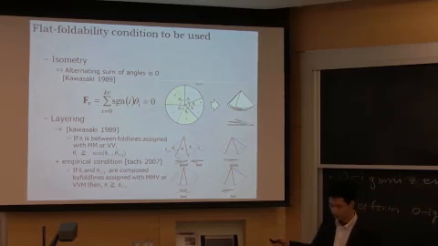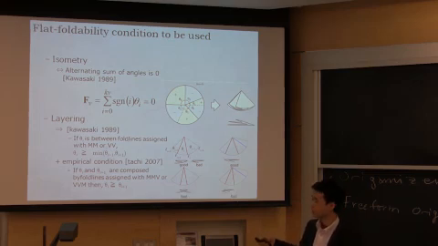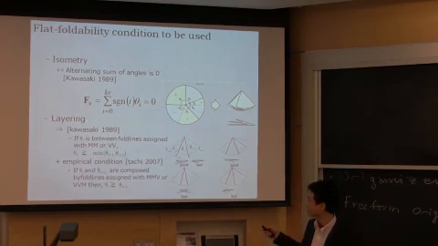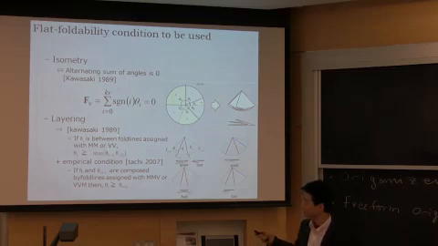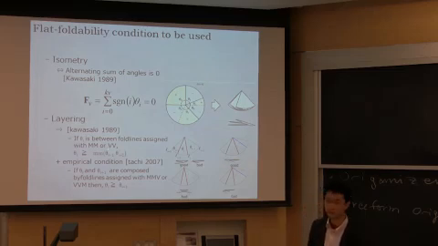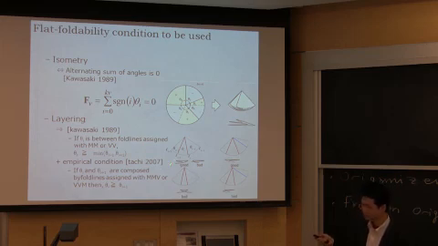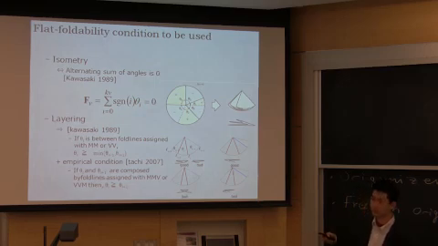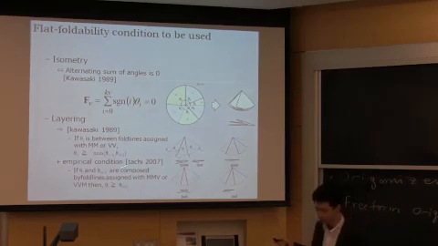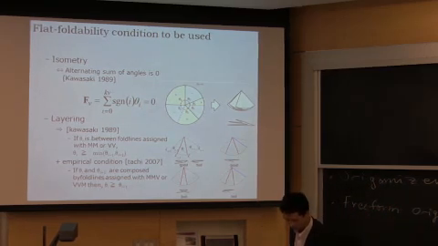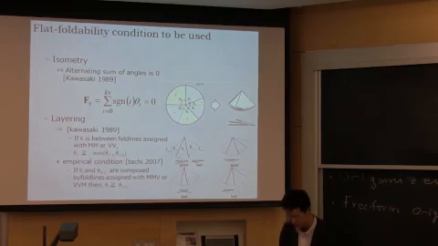The layer ordering is NP-complete, but we can use, for example, a sufficient condition given by Kawasaki, or an empirical condition, which are basically given for each local adjacent angles, so it's very easy to implement. And it works, so we forget about the NP-complete part.